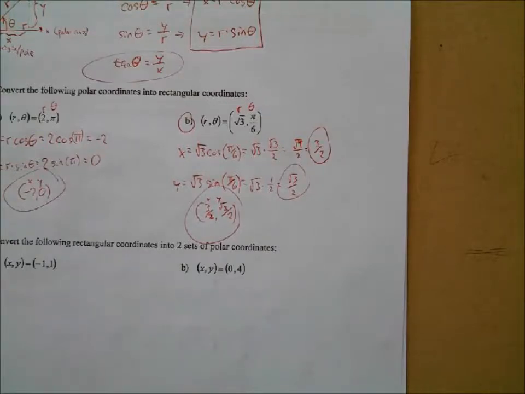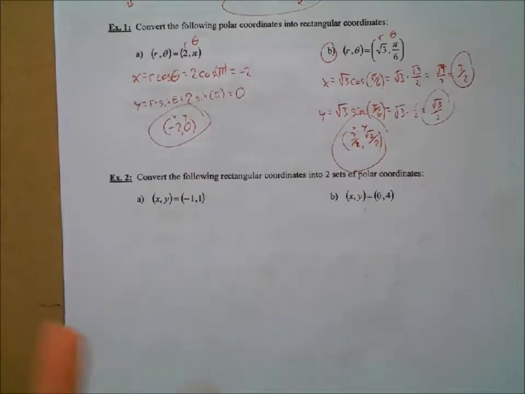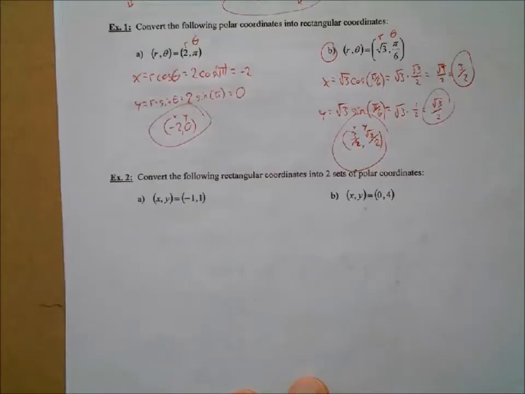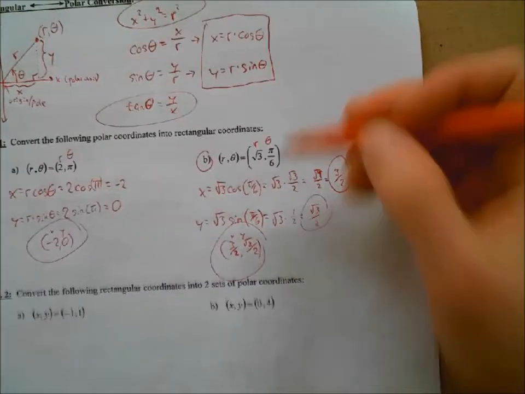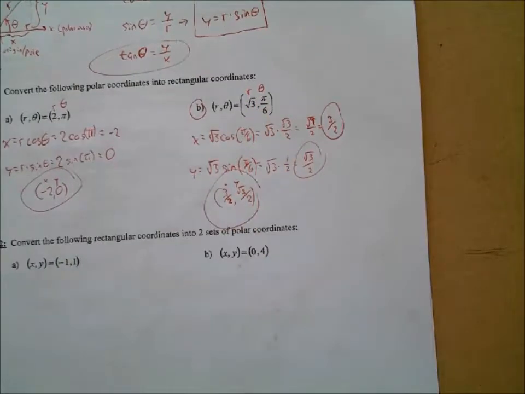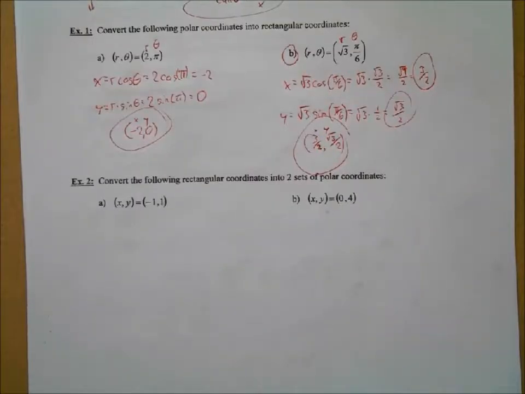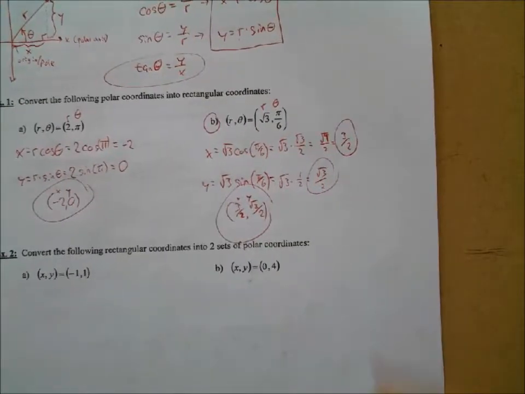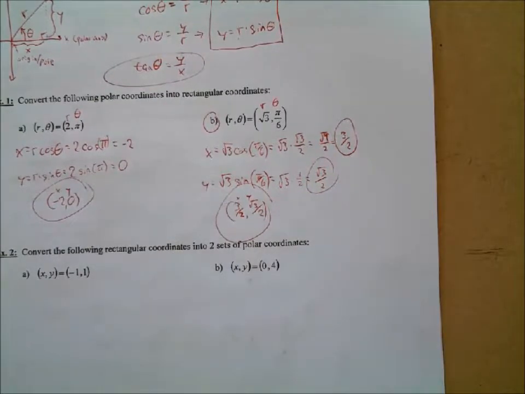All right. So next, let's take a look at now taking rectangular and turning those into polar coordinates. Okay. So again, one thing I'll suggest here: you don't have to write an x and a y above these, and you don't have to write an r and a theta above these, but if you find yourself getting confused, it might be helpful, at least in the beginning, to do that for yourself, just so you can maintain your orientation a little bit and don't get disoriented, because polar and rectangular coordinates look very similar to one another, but they mean different things.